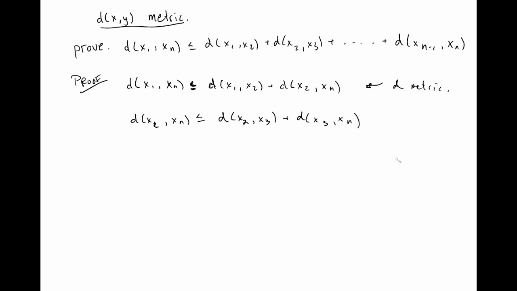So on and so forth until we have d(xn-2,xn) is less than or equal to d(xn-2,xn-1) plus d(xn-1,xn), right?